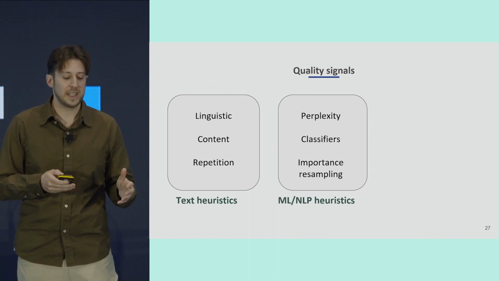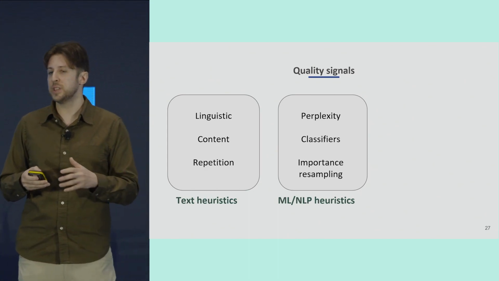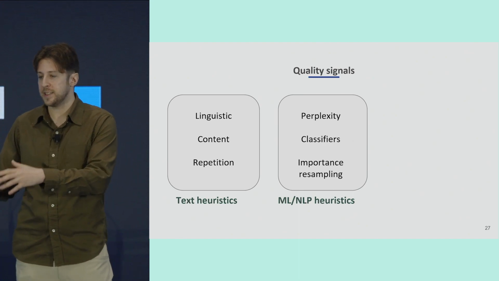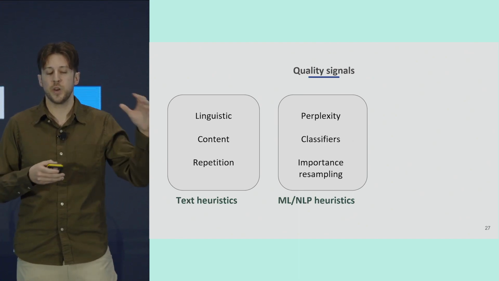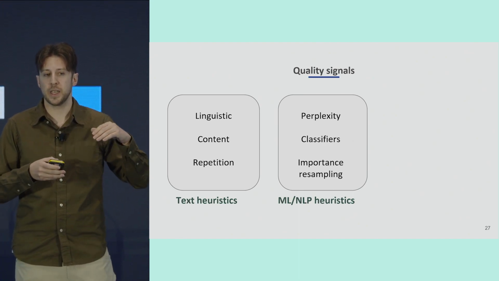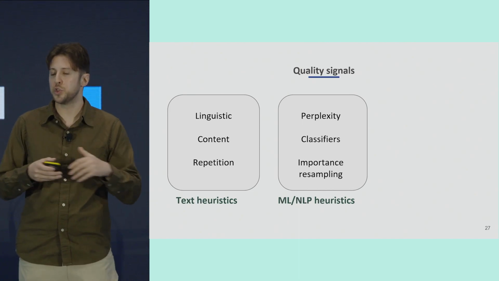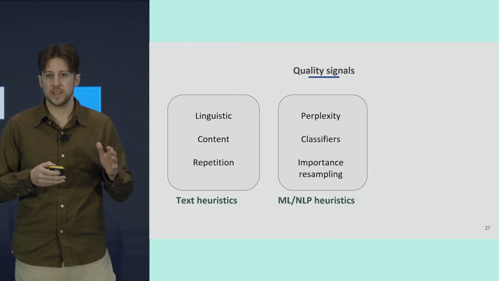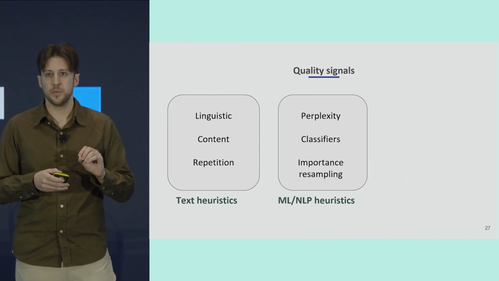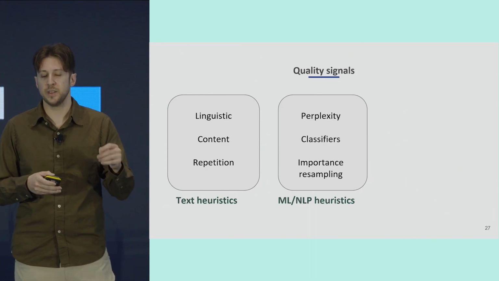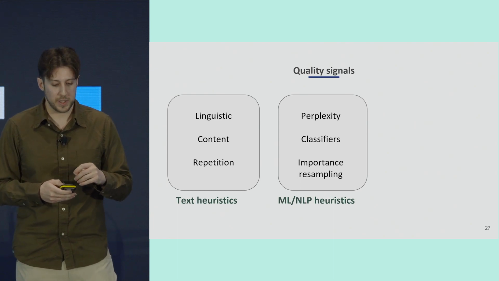And then there's other techniques like importance resampling, where you pick a target data set or target distribution, and then you try to calculate the similarity between your source distribution and your target distribution. So various techniques to be able to add labels and metadata to your documents.